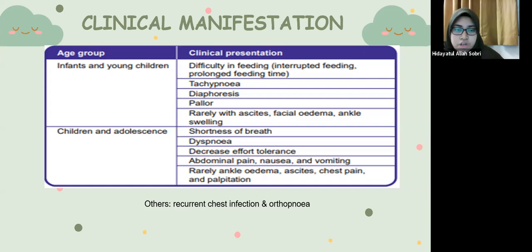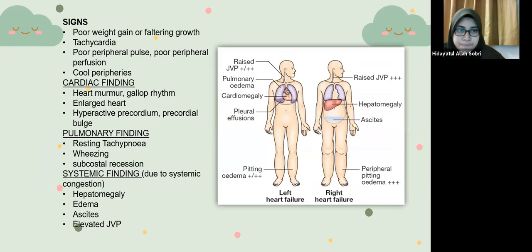And for children and adolescents, they will present with shortness of breath, dyspnea, decreased effort tolerance, abdominal pain, nausea, and vomiting. And rarely in children, we can see ankle edema, ascites, facial edema, chest pain, and palpitation like in adults. And also other symptoms such as recurrent chest infection and also orthopnea.